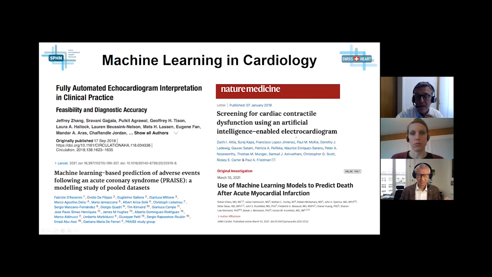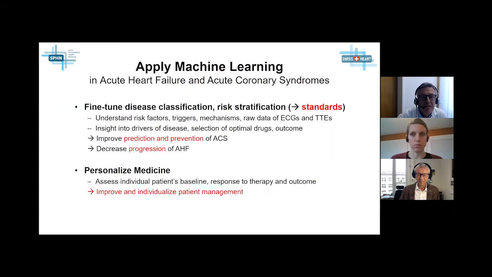Evidently, EKG analyses have also been published very well, as you can appreciate here, and machine learning based prediction of adverse events after ACS has been addressed too; you see two publications very recently this year. So the field is moving very fast.